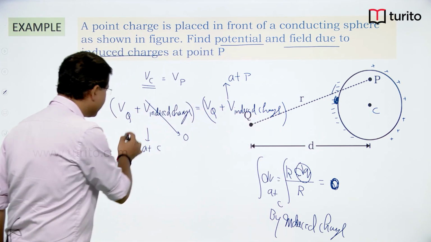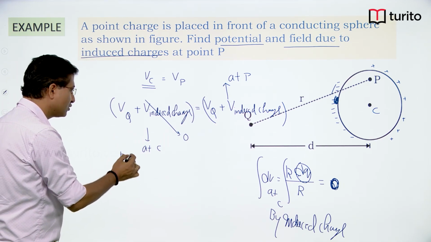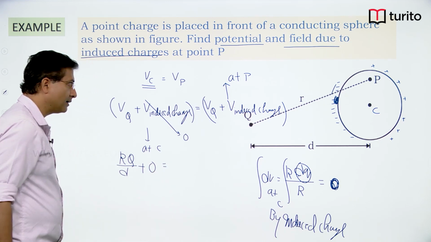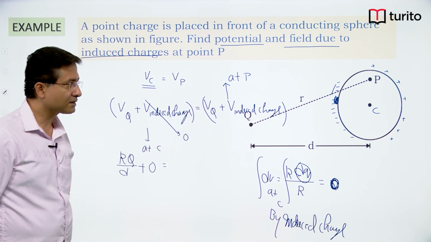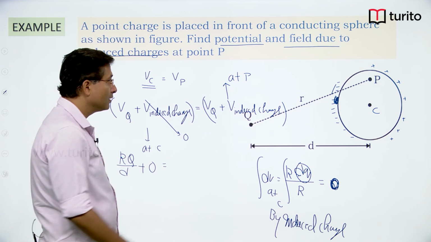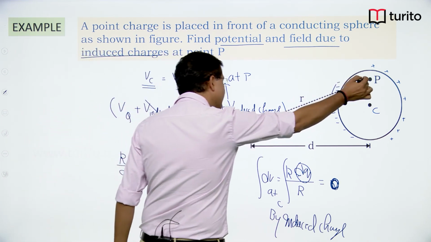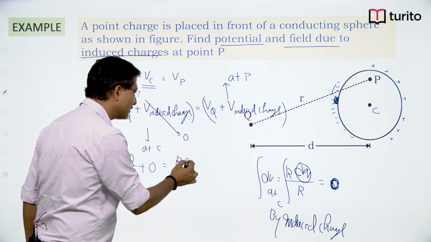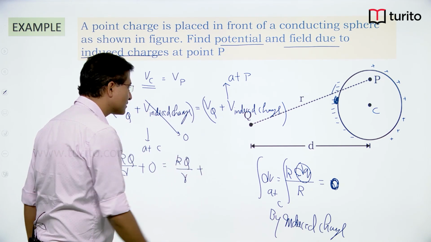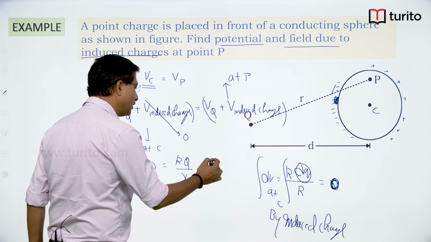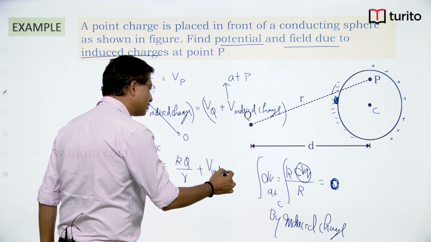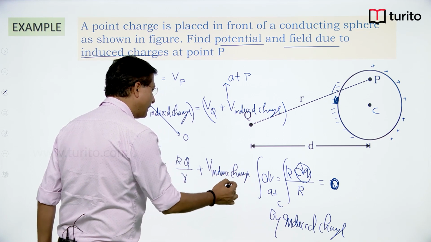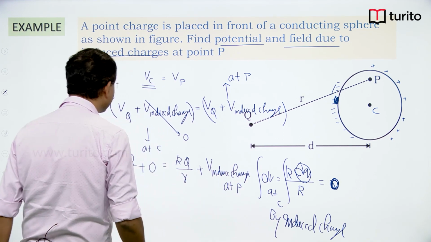I can directly write here kQ by d plus this I got 0, and now I need to write this at P. The Q charge contribution here at P is kq divided by r plus the induced charge potential at P, that is the question.